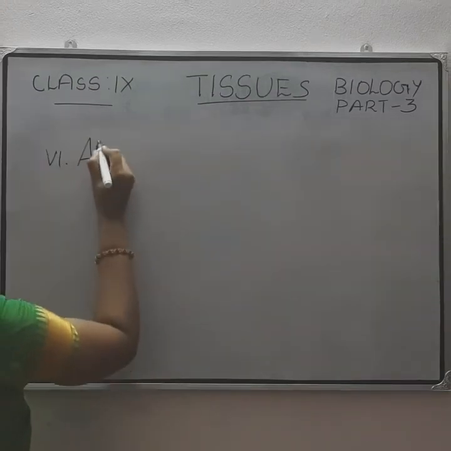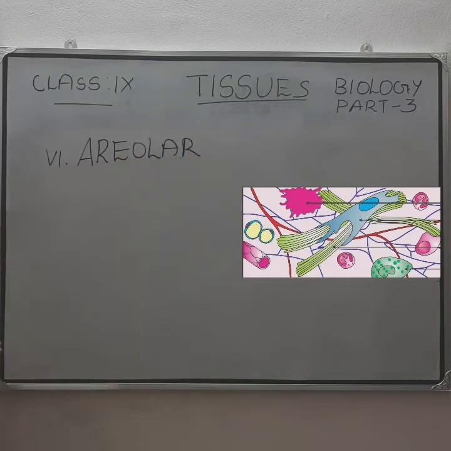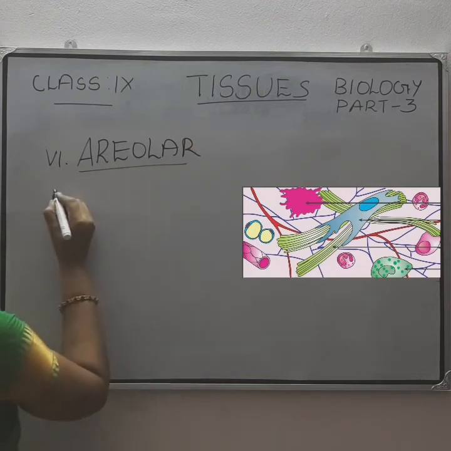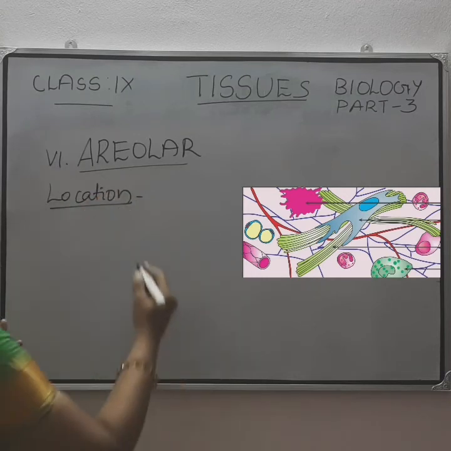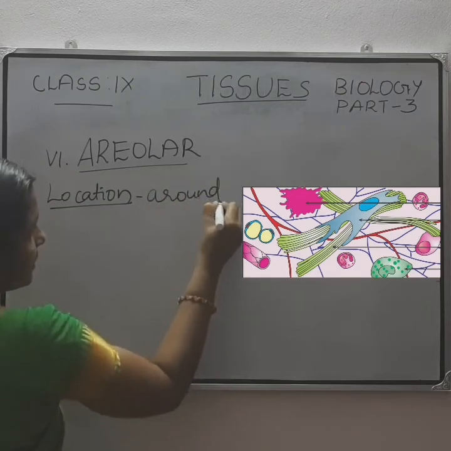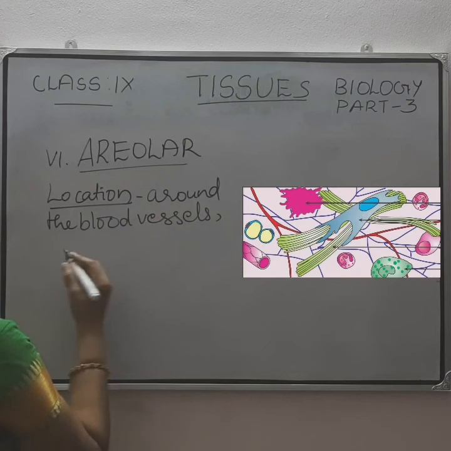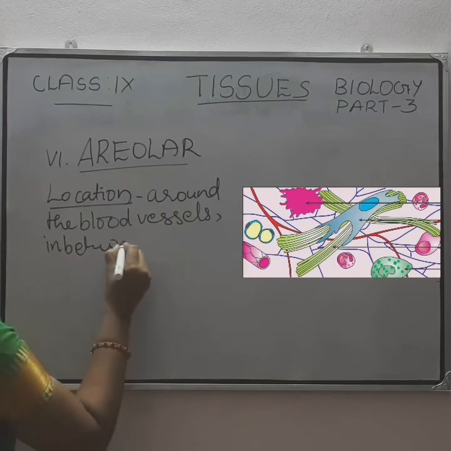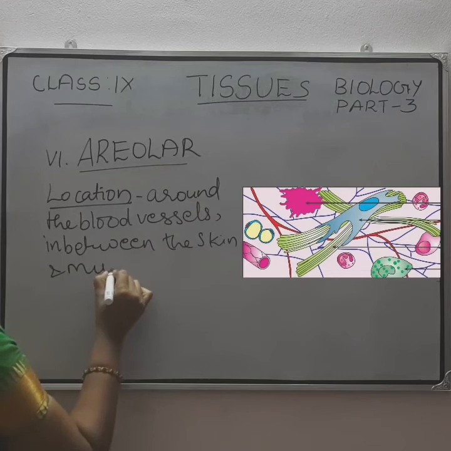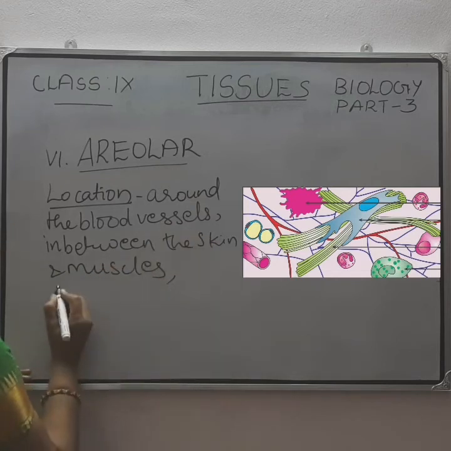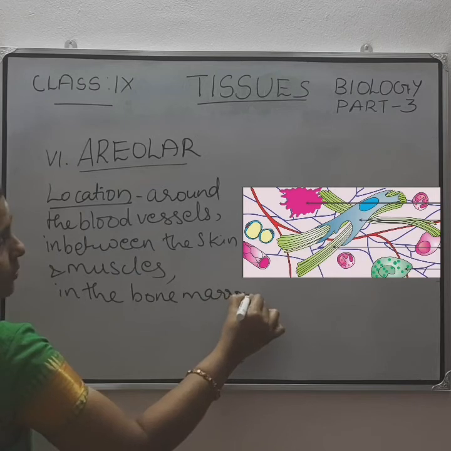Then another connective tissue is areolar tissue. Areolar connective tissue is found around the blood vessels, in between the skin and muscles, in the bone marrow, and also in nerves.